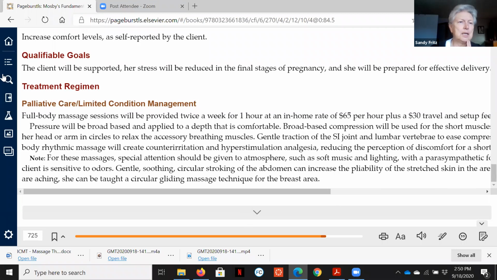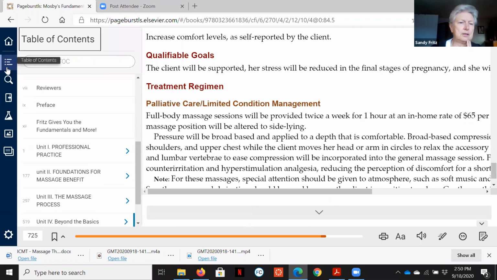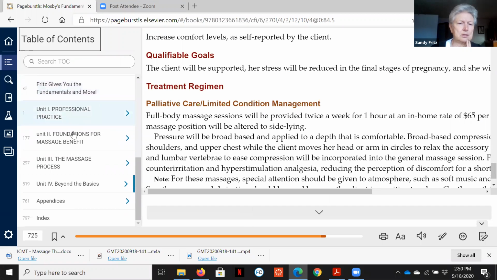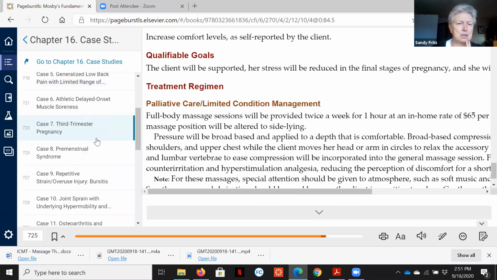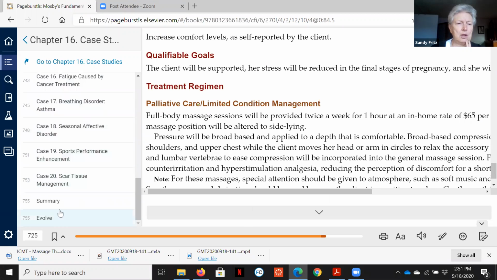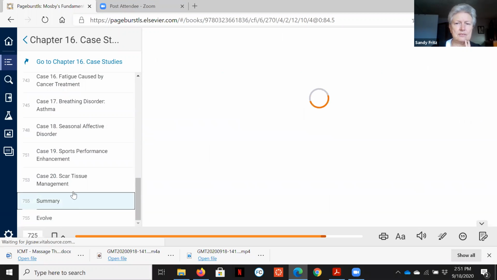All right, so let's get out to our table of contents here. So we'll take these all the way to the end and get to the summary.